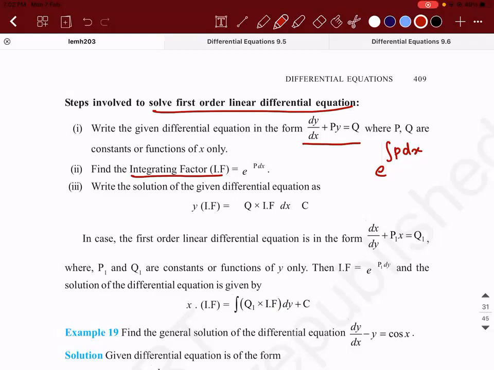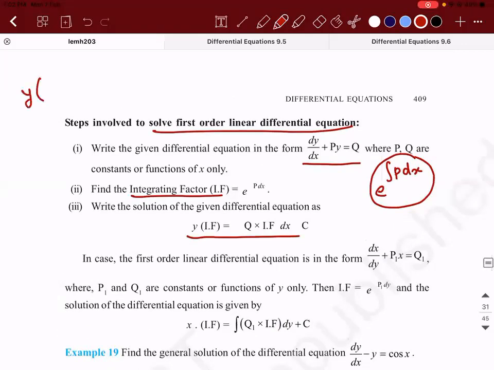Once you find this integrating factor, y multiplied with the integrating factor is equal to integral of q into integrating factor dx plus c.